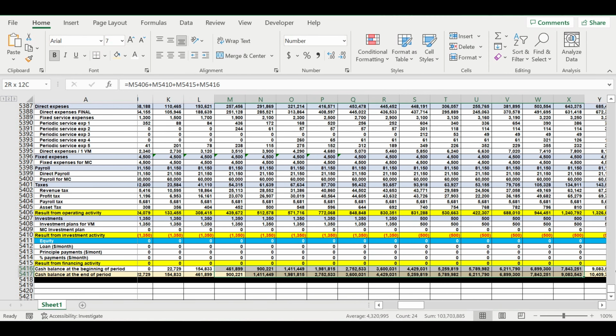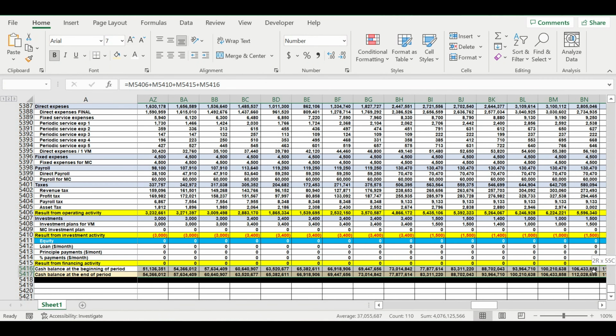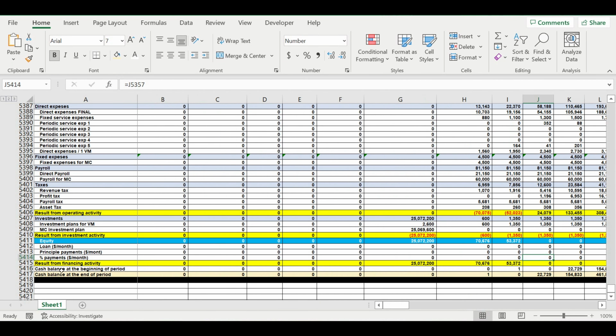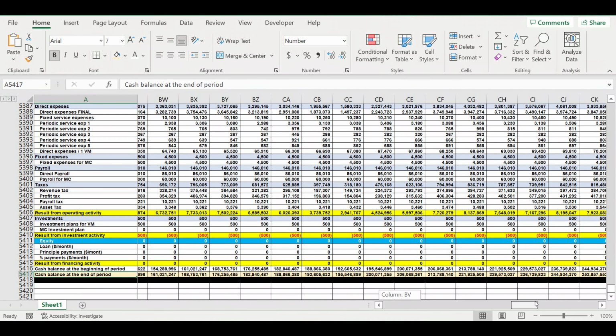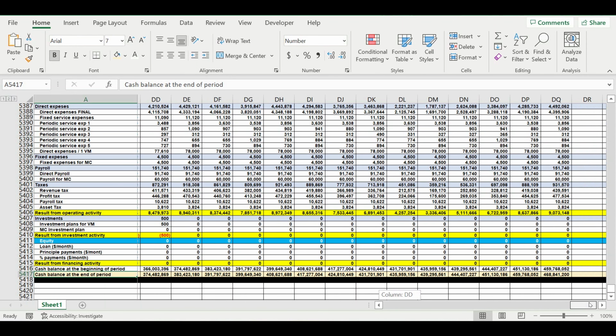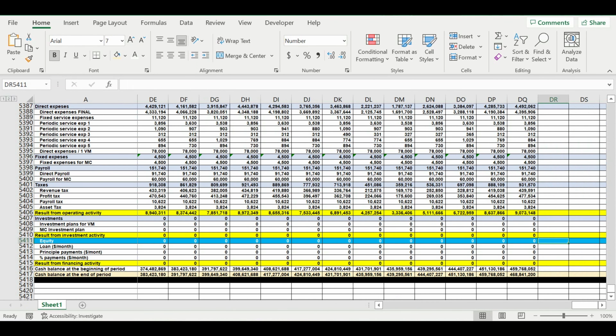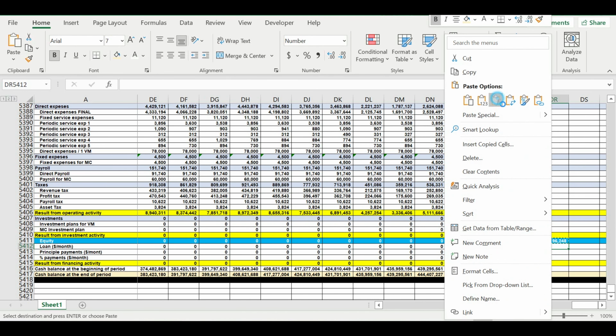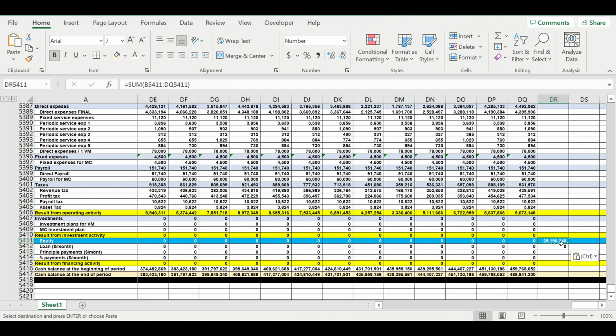Now you go further, look whether you do have negative values, and if you see that you don't have negative values inside cash balance at the end of the period, you just create totals for this line. And now you know how much equity, your money, your investors' money, you need to start the business.